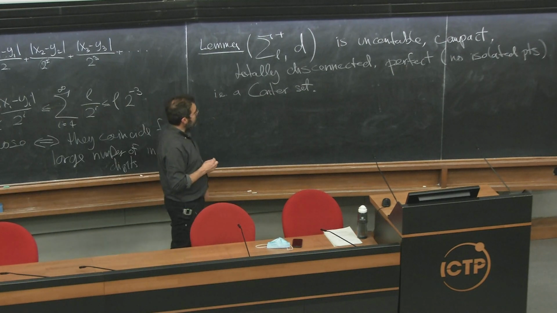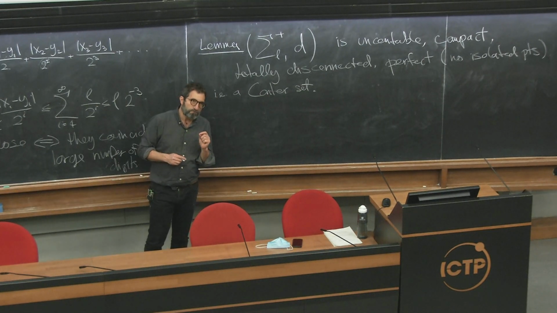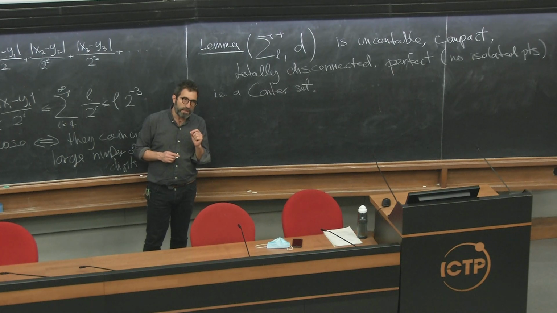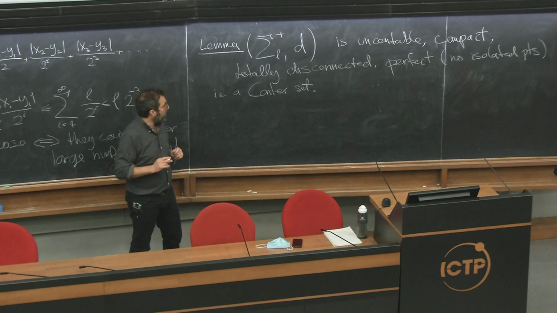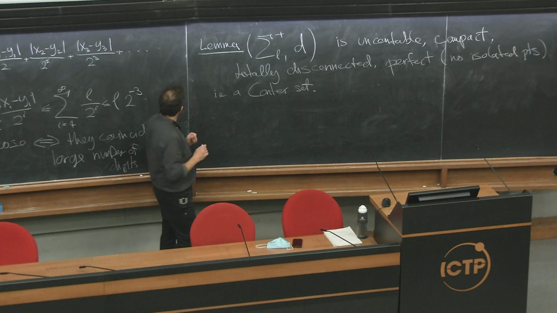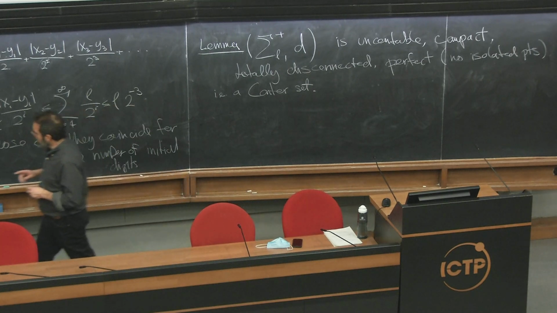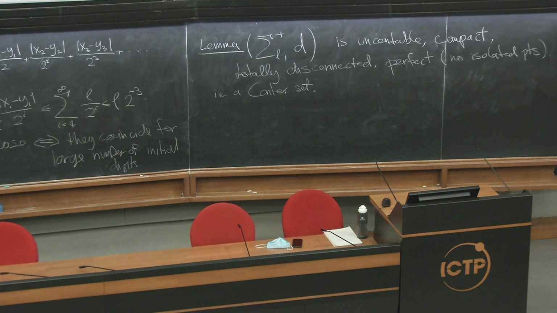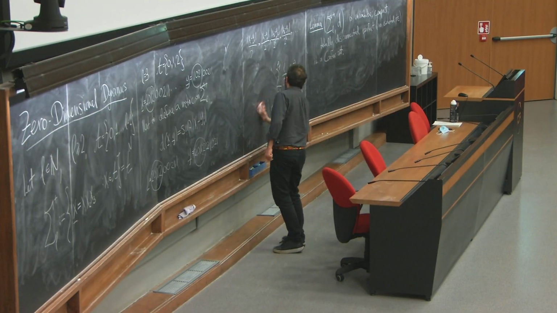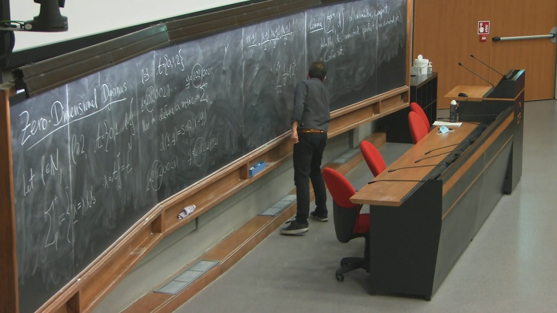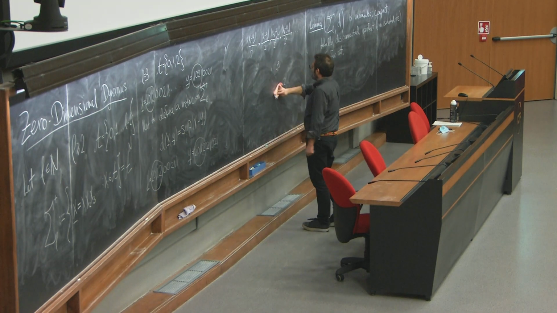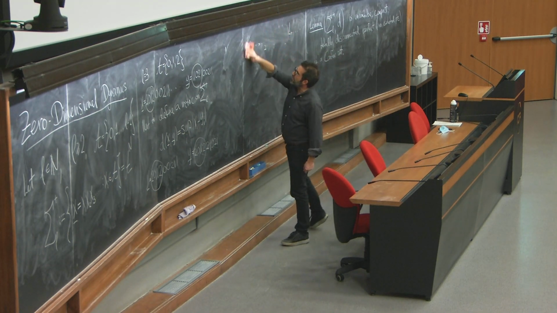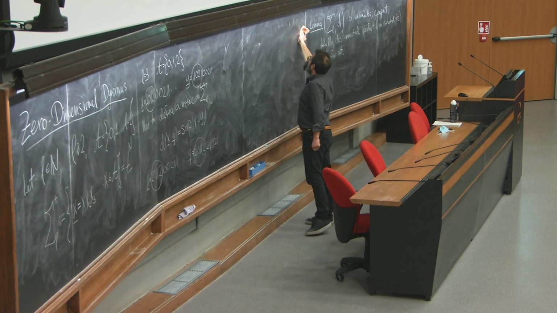And notice that we can define a basis of the topology in the following way, which is very interesting. Let me write it here. It will also help to understand why it's totally disconnected if we write it like this.